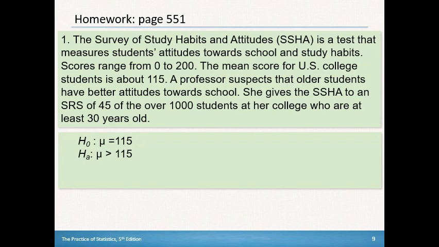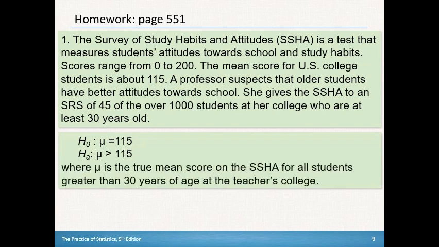And then you have to say what the mu is, right? So the mu is not the population mean of all students. We know what the population mean of all students is. That was given to us, so it's 115. But what we don't know is what the mean population score is for older students. And so that's what our mu is. So here mu is the mean SSHA score for all students that are older than 30 years old.